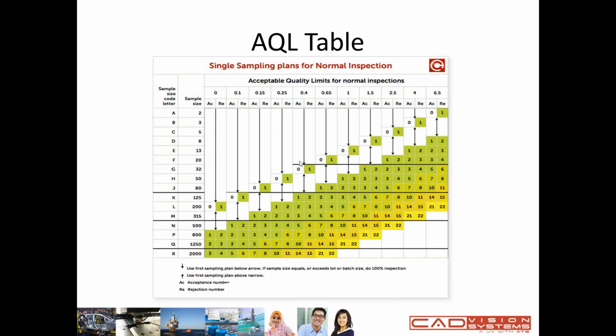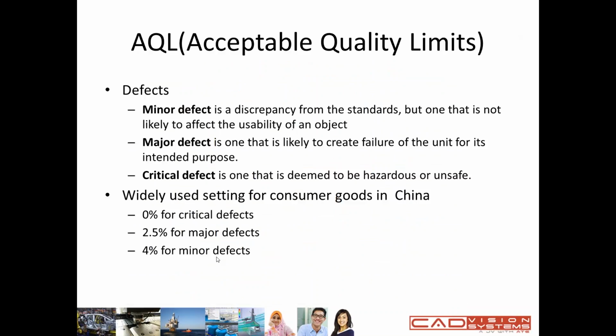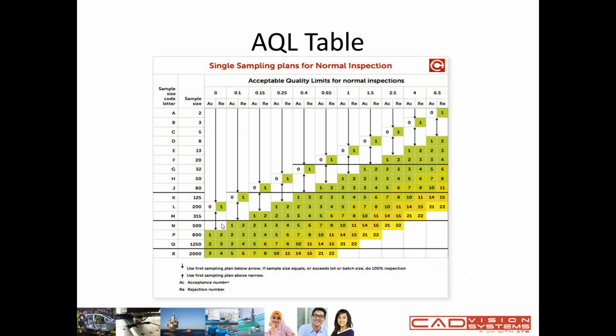Next, you look at the minor defect, which is 4%. So we go look at 4%. Oh, this is 0.1, and this is 0.25.